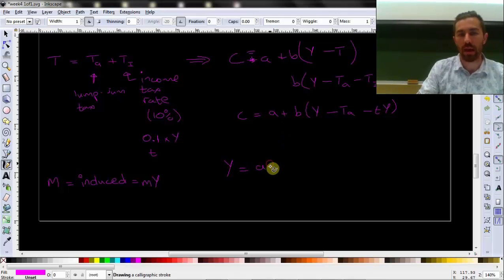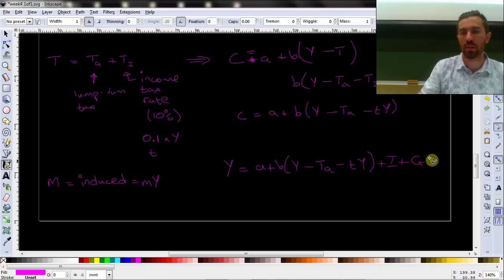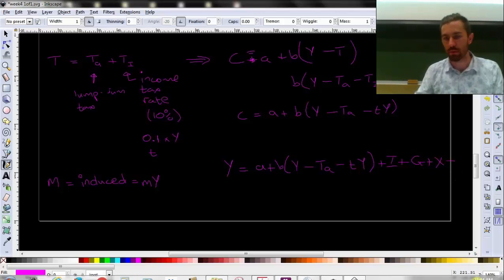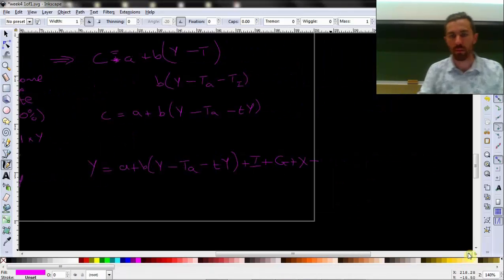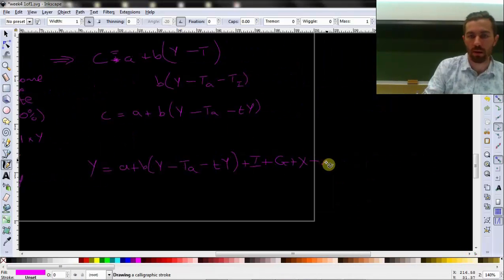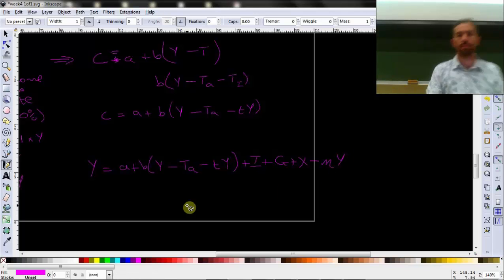Y is equal to A plus B times Y minus TA minus TY plus I plus G plus X minus little m y. Okay? Cool. What I want you to do now is calculate the multiplier.